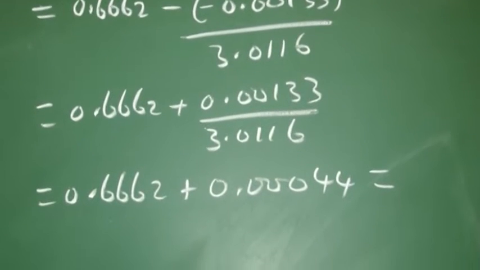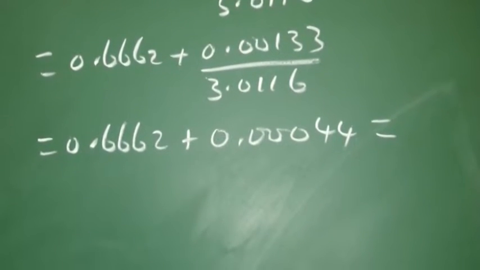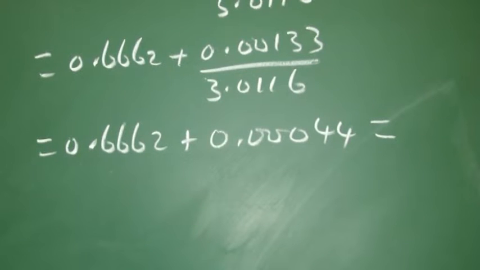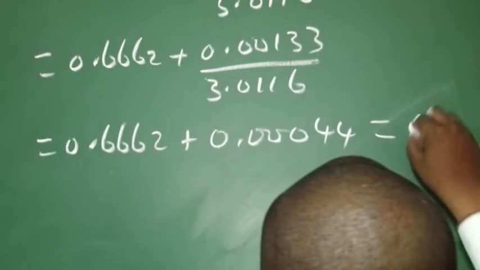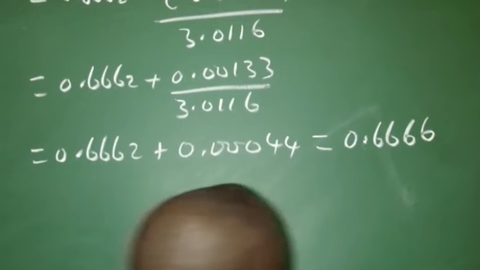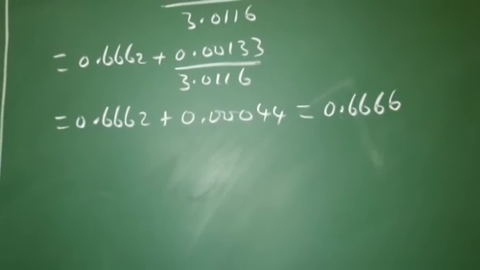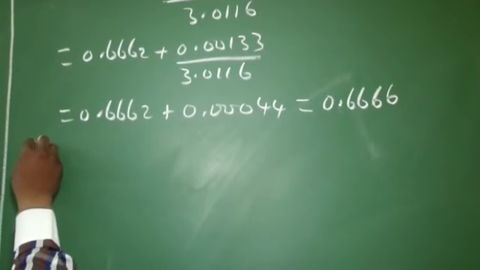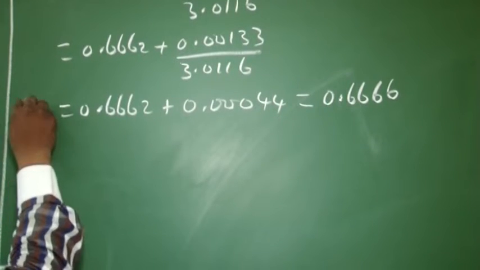Now, if you add this, we have 0.6662 plus 0.00044, giving us 0.6666 to 4 decimal places as required. Alright, so this is x2.